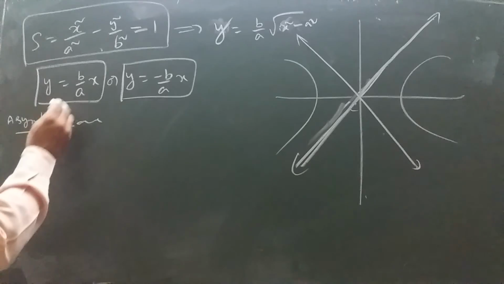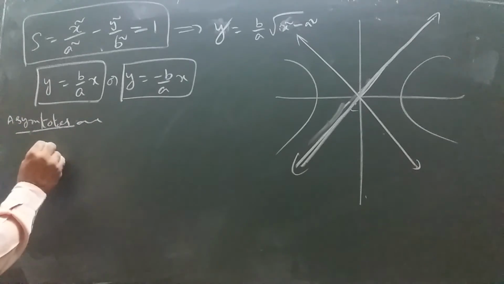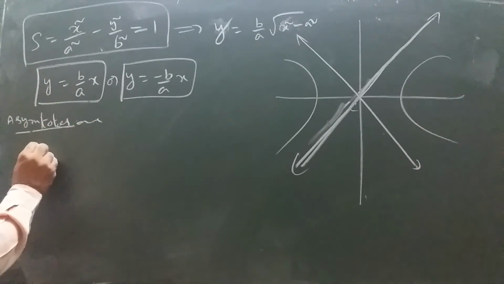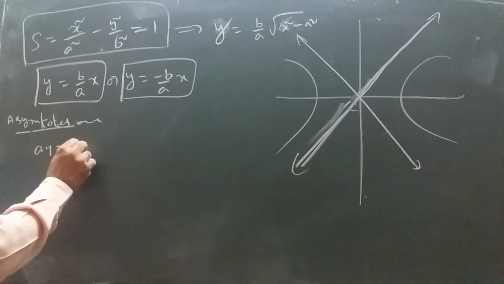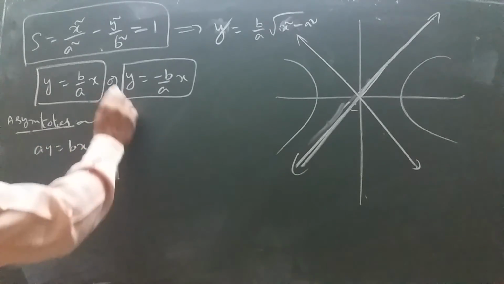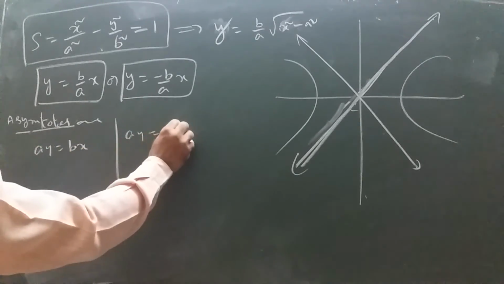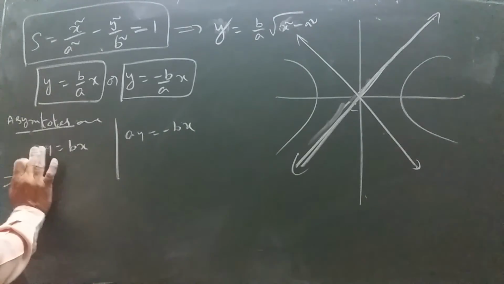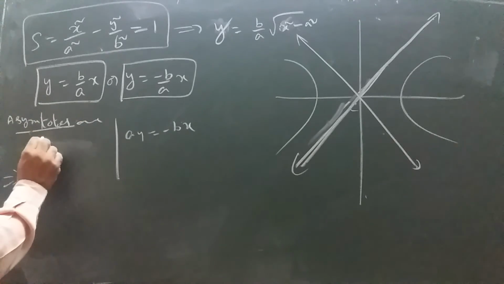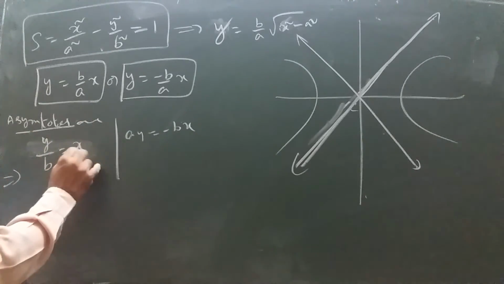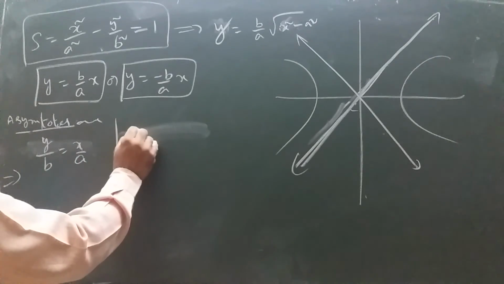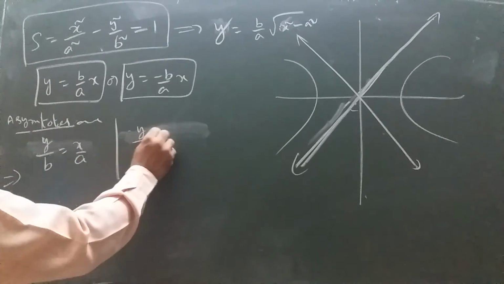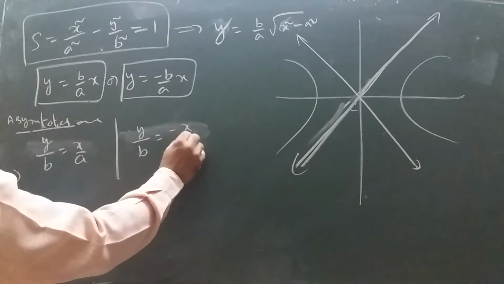If we rearrange these terms, y by b is equal to x by a, or y by b is equal to minus x by a.